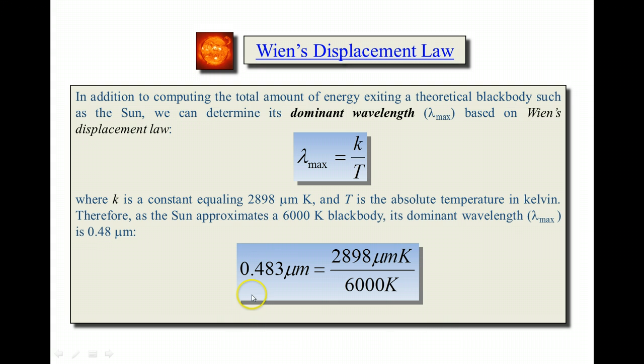It's a relatively simple formulation that involves a very minor bit of algebraic work by you to calculate either wavelengths or temperatures, knowing the other value, either a temperature or a wavelength.